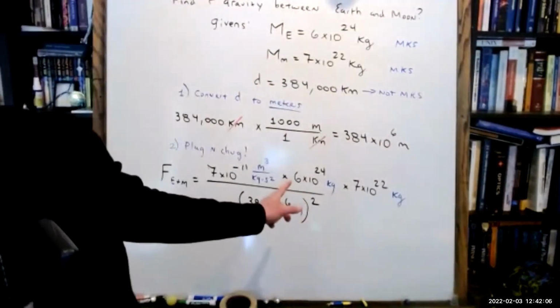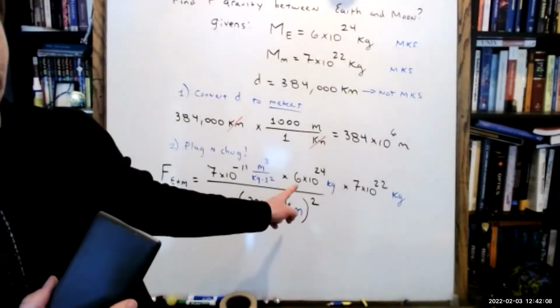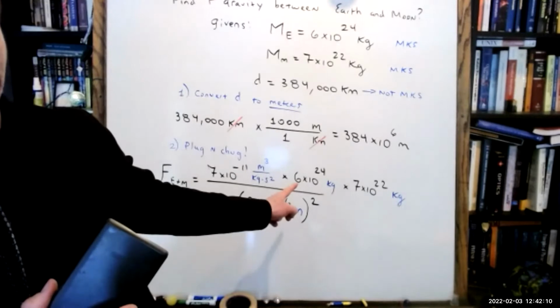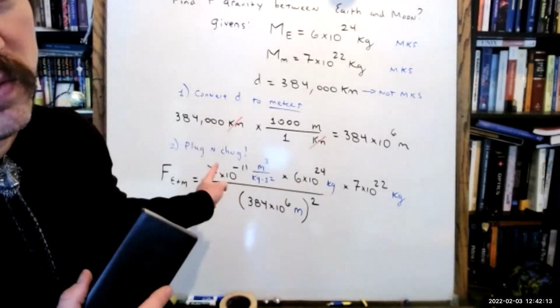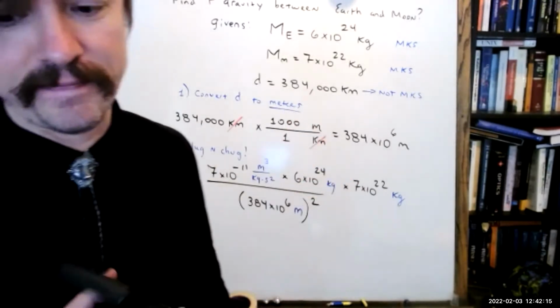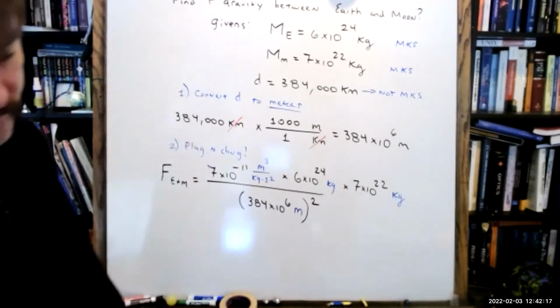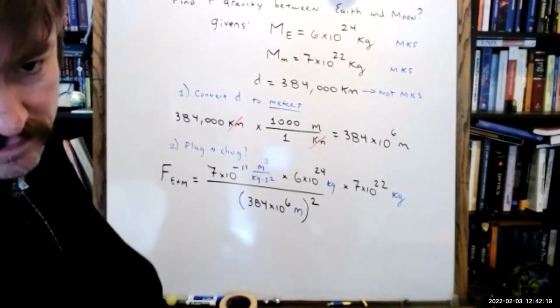No. Round more boldly. To 2 sig figs? How many sig figs does that number have? 1. Just round it to 1. Okay, so then 2 times 10 to the 20th.